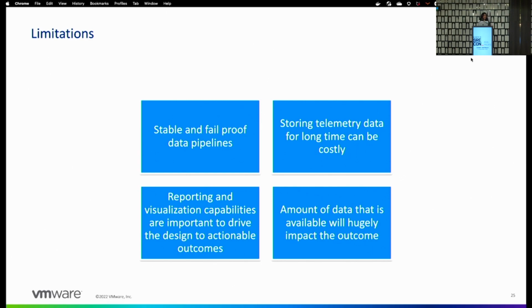And we need to have the right visualization capabilities as well. Unless we are able to put the data into charts and graphs, it is very difficult to take decisions. They are just rows and columns of data, right?